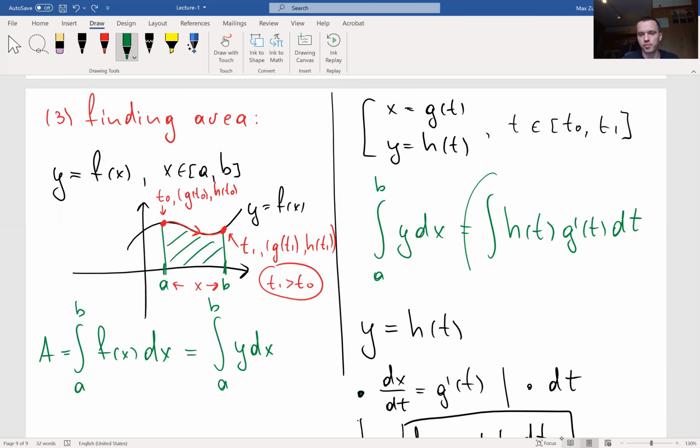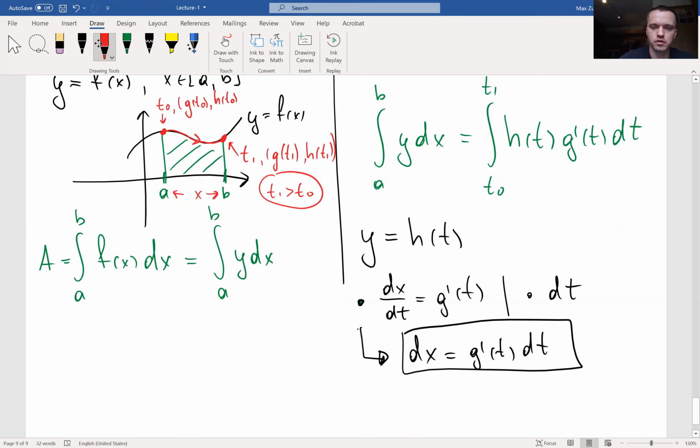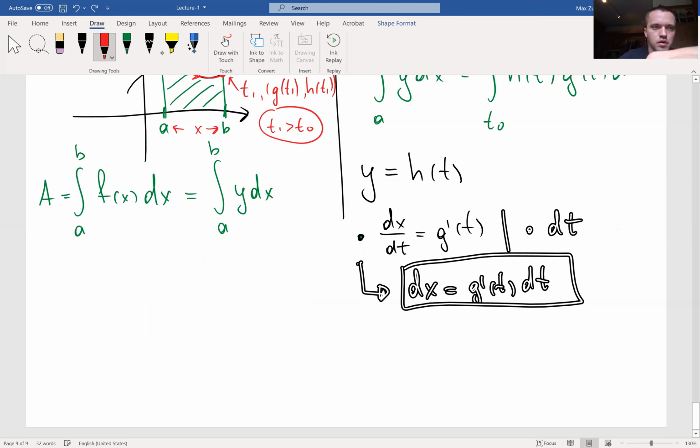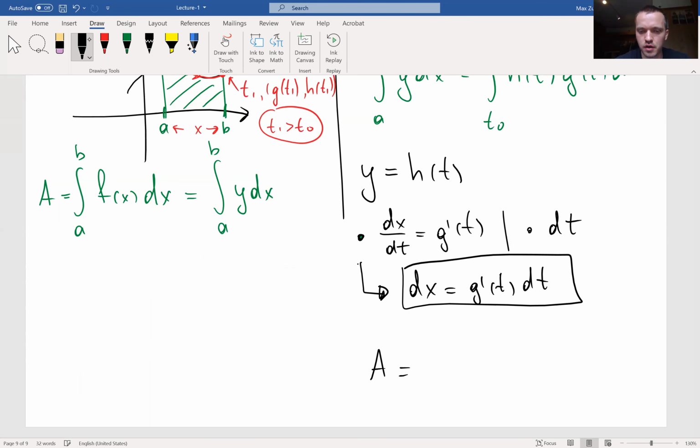So the bounds of your integral are going to be the bounds for t, which is t naught and t1. Okay. And this formula over here, let me rewrite it. Sorry. The area for a parametric graph is going to be the integral between t naught and t1 of h of t, g prime of t.